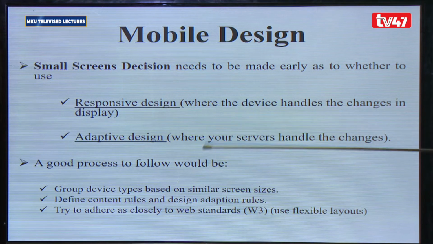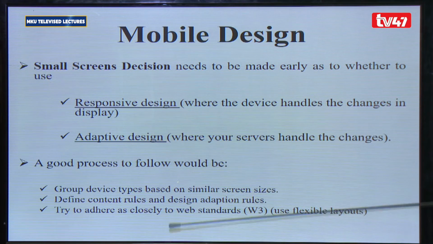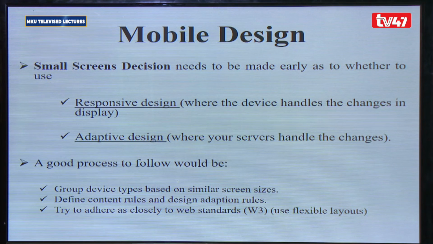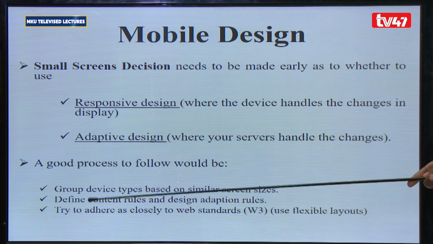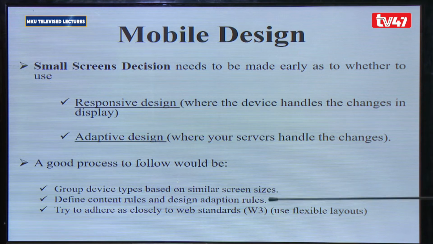And these two things, I won't tell you which is the most ideal, but as we move on, different mobile application development designs will be guided by either of these. A good process to follow would be to group the devices that you're targeting to use your application. So group the device types based on their sizes.